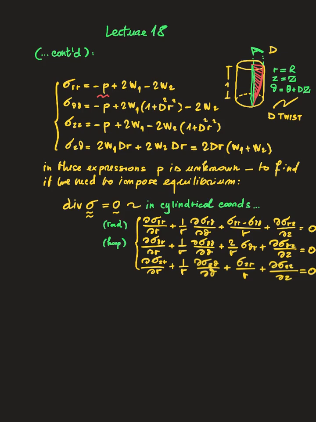And now, what do we need these equations for? Well, essentially now we have to take the expressions that we have obtained in the last lecture for the components of the stress, and we have to impose equilibrium.